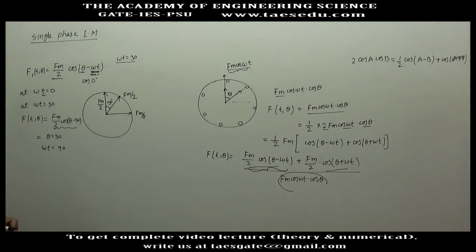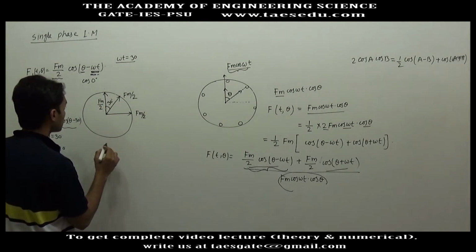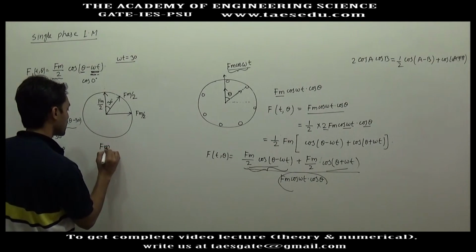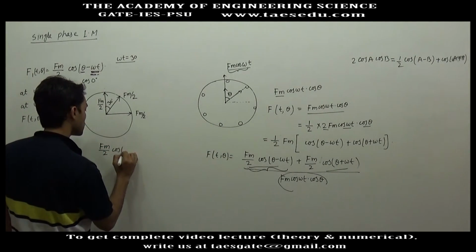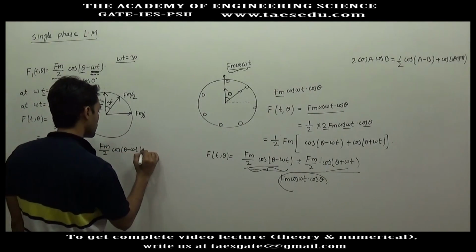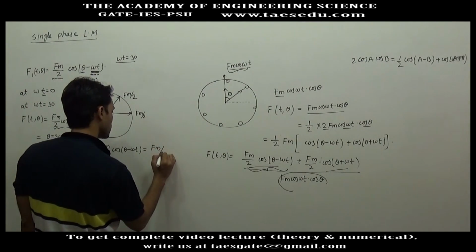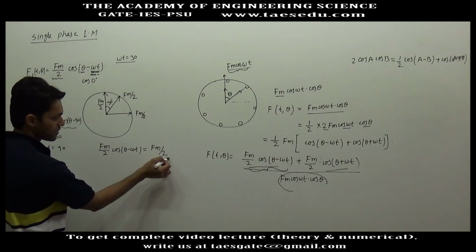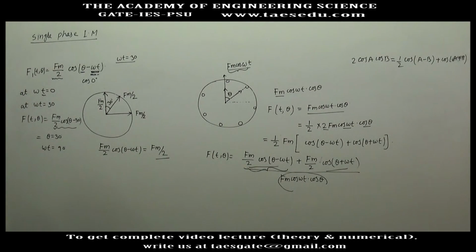And what is the speed of rotation of the magnetic field? If you want to find out the speed of rotation of this magnetic field, what do you need to do? Fm by 2 cos(theta minus omega t) must be equal to Fm by 2. You have to get the direction of maximum magnetic field.